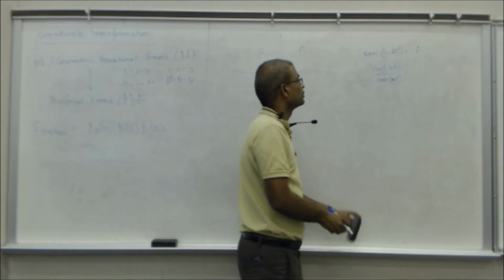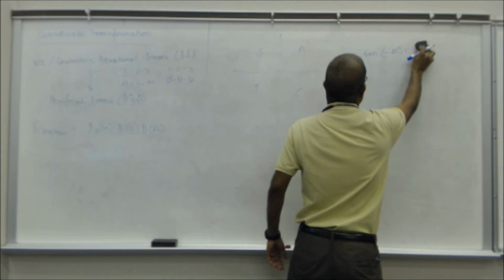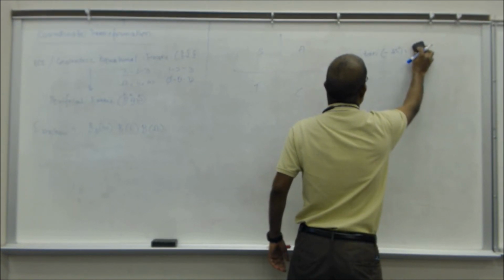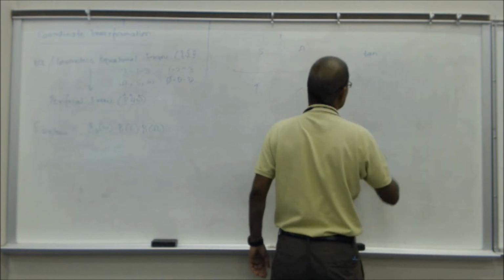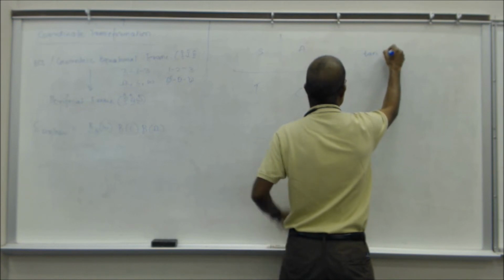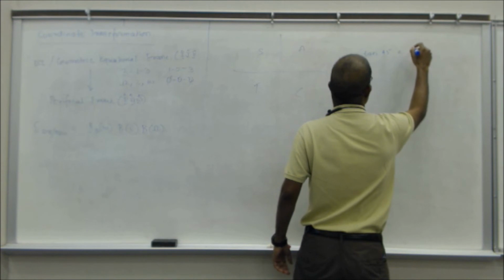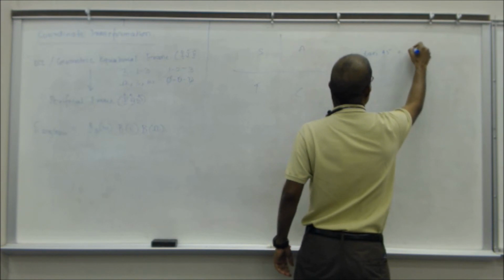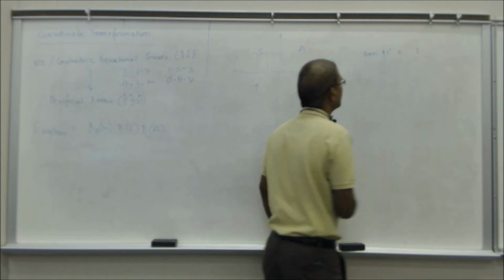Hang on, so let's do this. Tangent of 45 is 1. Okay.